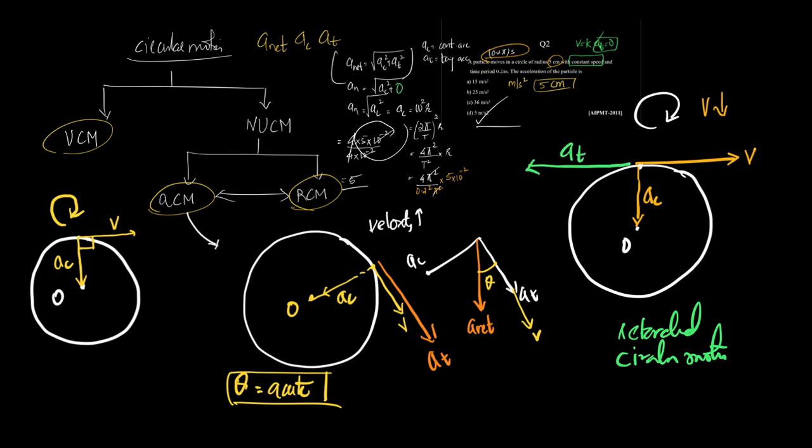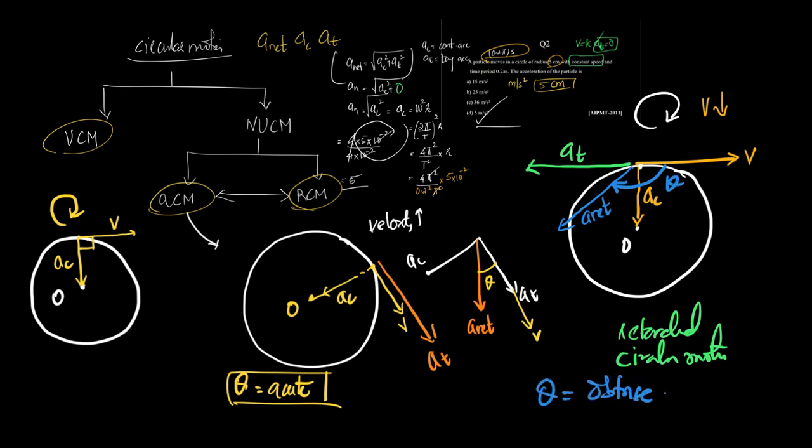And therefore the resultant acceleration would be a net. This is the a net, and look at the angle theta made between a net and velocity. That angle theta here is obtuse in nature.